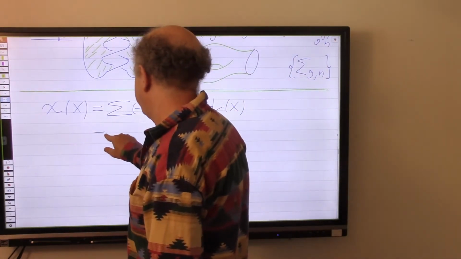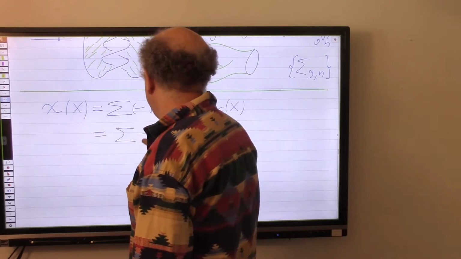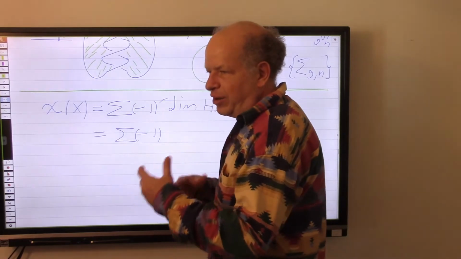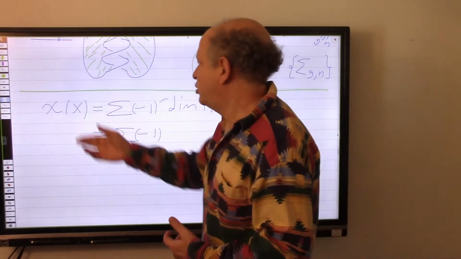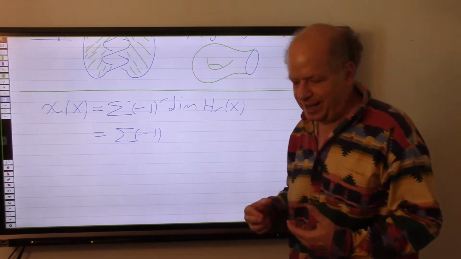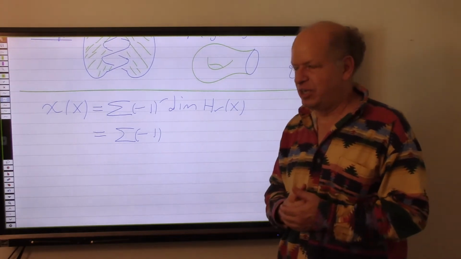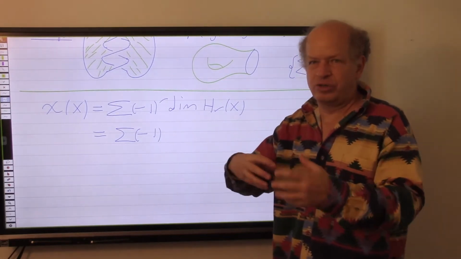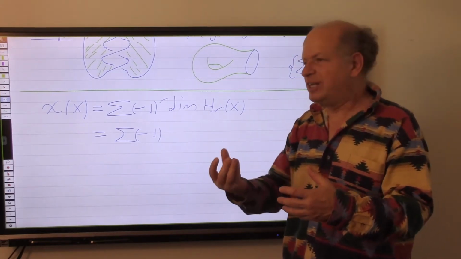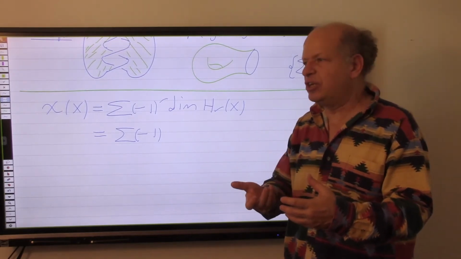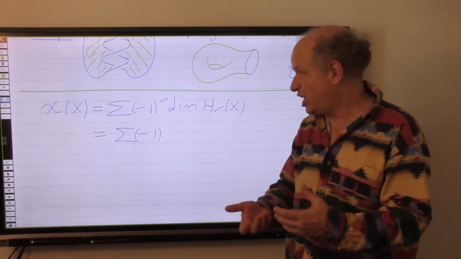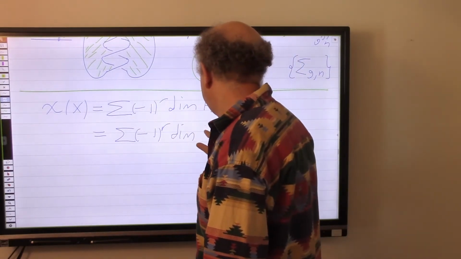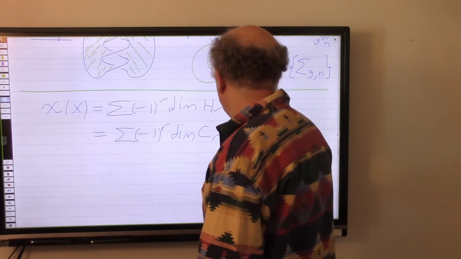It is also the alternating sum of, if you are able to write this topological space as a simplicial complex, so basically as a gluing of simplices to each other, then it has finite dimensional chain groups. You can take these simplices as the chains. Then it's again the alternating sum of the dimensions of the chain groups.